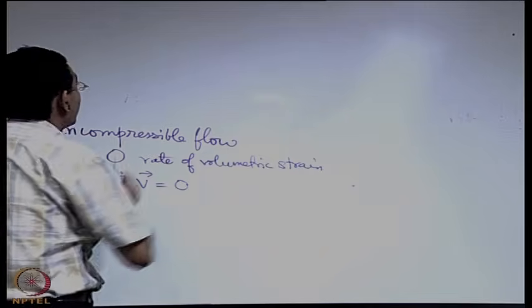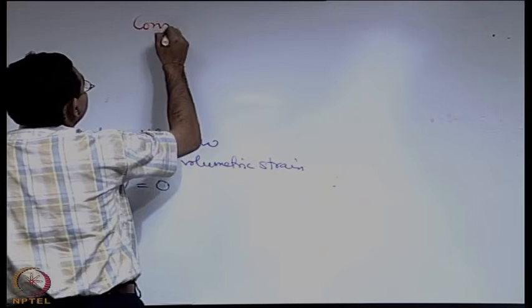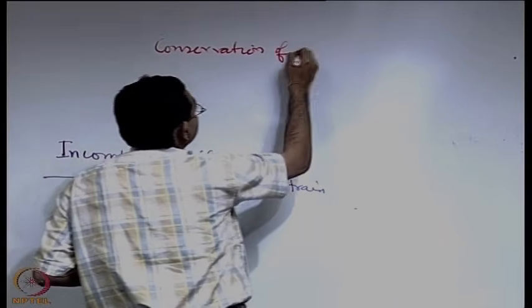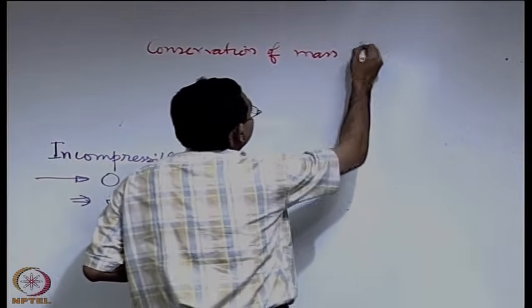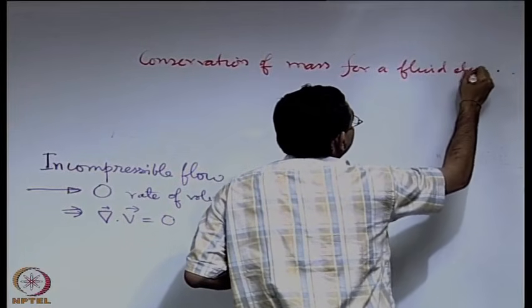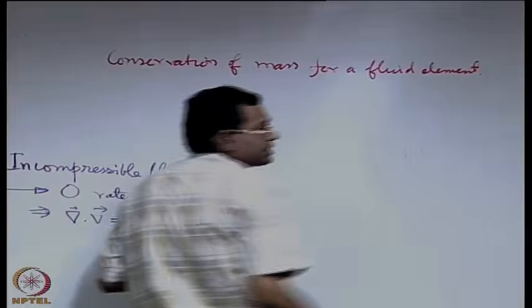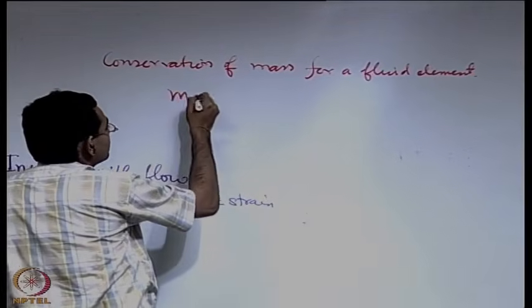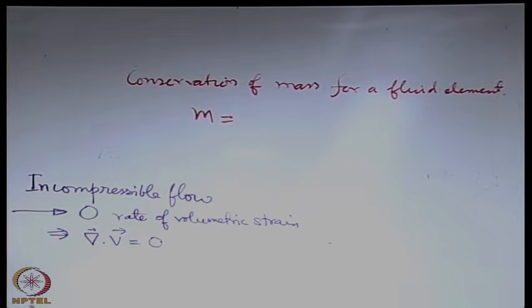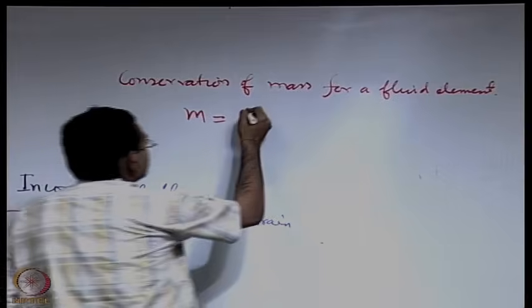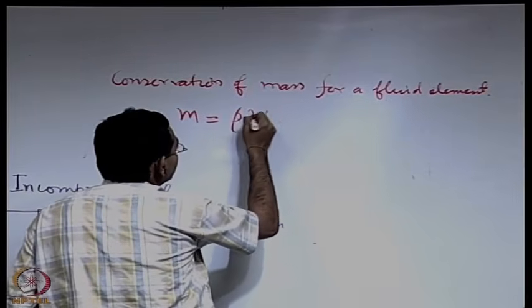So we will now write conservation of mass for a fluid element. Let us say that m is the mass of a fluid element. You can express it in terms of the density and the volume. Let us say that rho is the density and v is the volume.